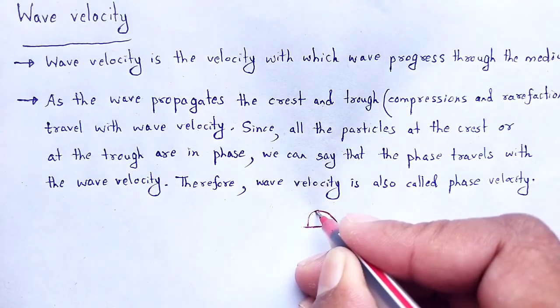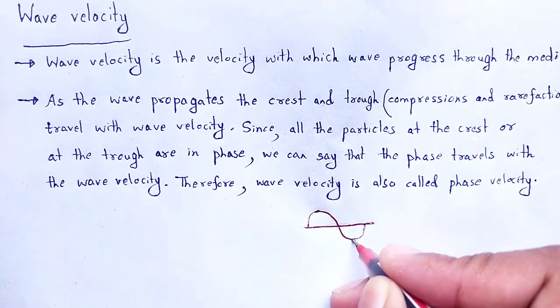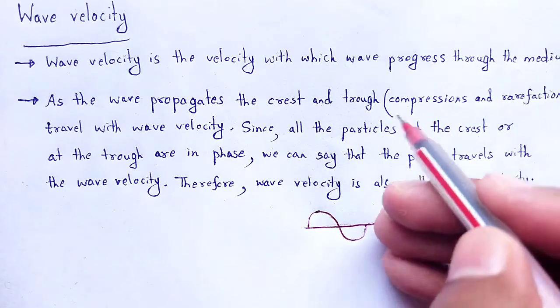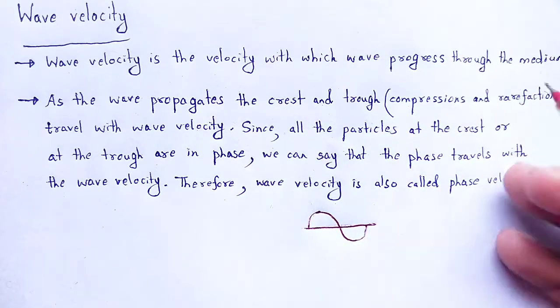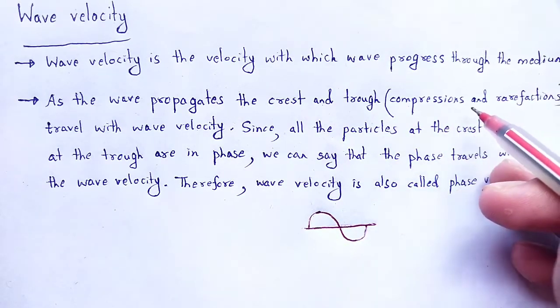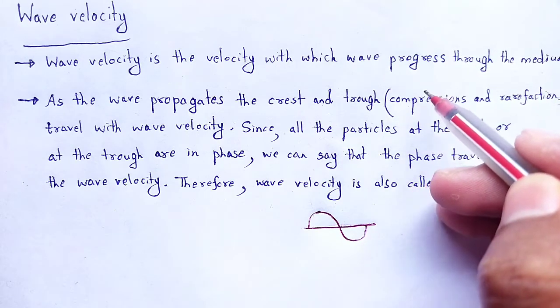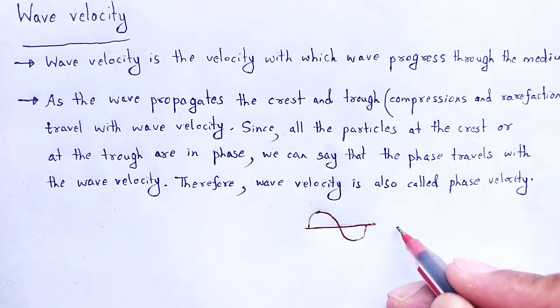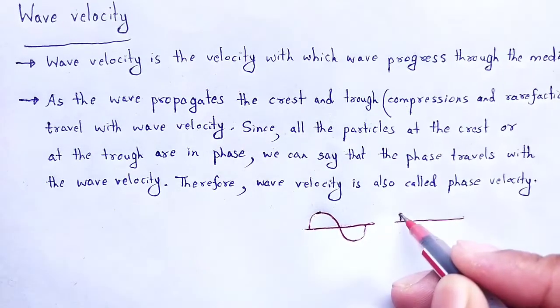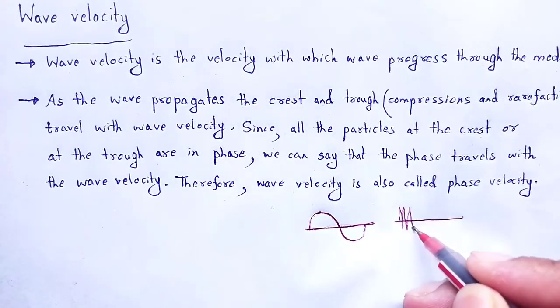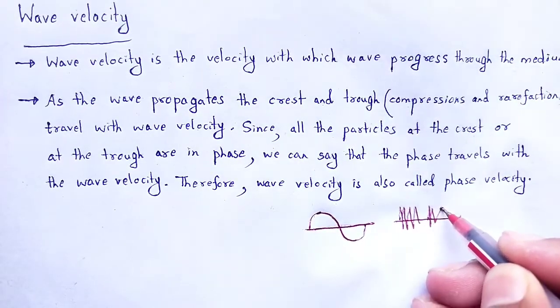This is the crest, that is the trough, and in case of longitudinal waves, it is in the form of compressions and rarefactions.